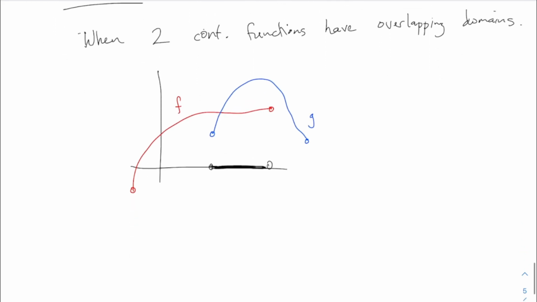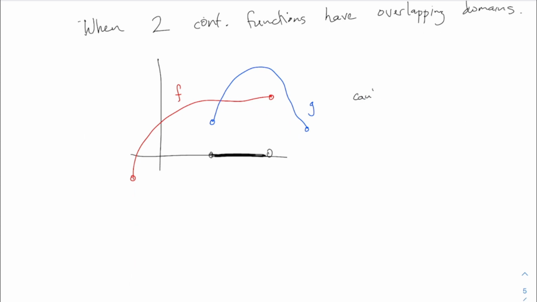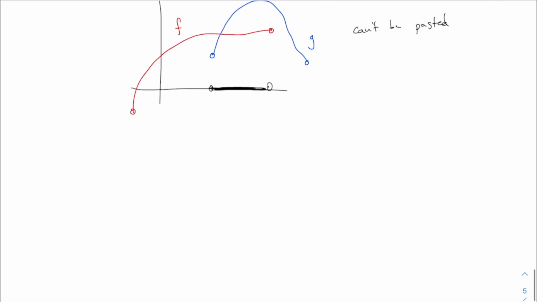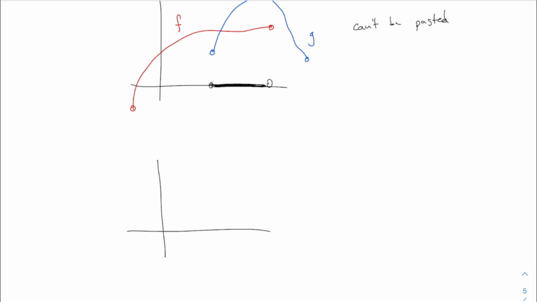So the picture, I will say these can't be pasted because they're different along the points where they overlap. They don't give the same answers. But you could imagine a scenario like, say, F goes that far and G goes like this, where they actually agree on the overlapping part. Then you can imagine combining them together into one big function. And that one big function will still be continuous.